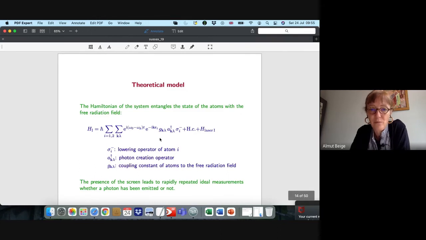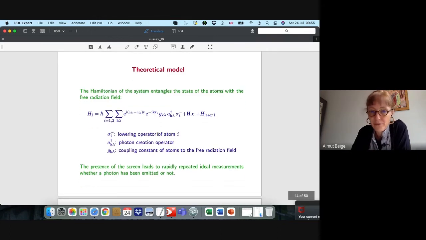So in order to model this theoretically, we can proceed exactly as we did before. We assume that the atom sits somewhere. We have two atoms sitting in the free radiation field. Both atoms couple to the same radiation field.